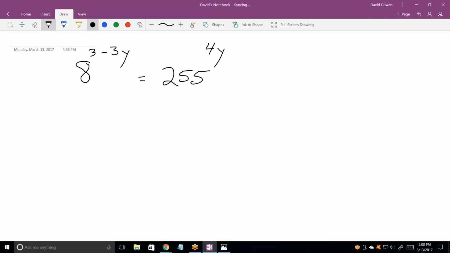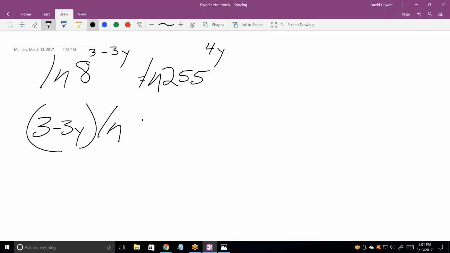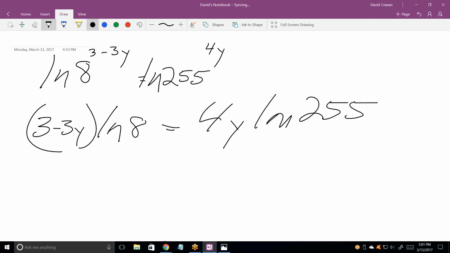So now what I would do is take the natural log of both sides. And now I would say 3 minus 3y times natural log of 8 equals 4y times natural log of 255. Well, these are just numbers.